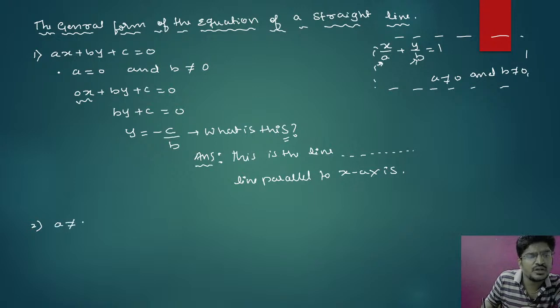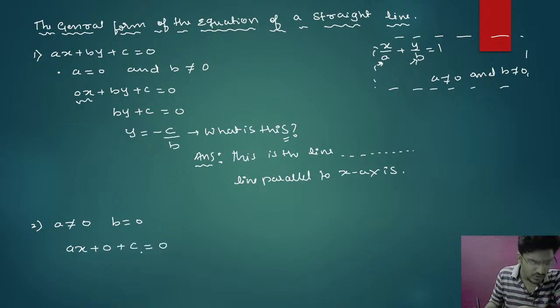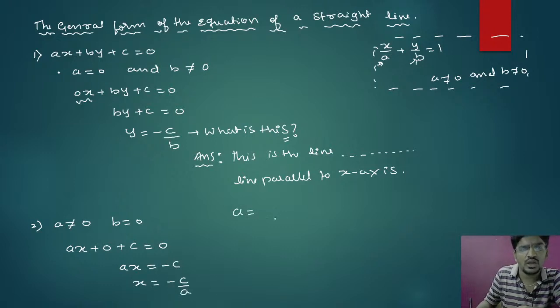If a is not equal to 0 and b is equal to 0, what happens? It will be ax plus 0 plus c equal to 0, that is ax equal to minus c. X will be equal to minus c by a. Now, what is x equal to minus c by a?